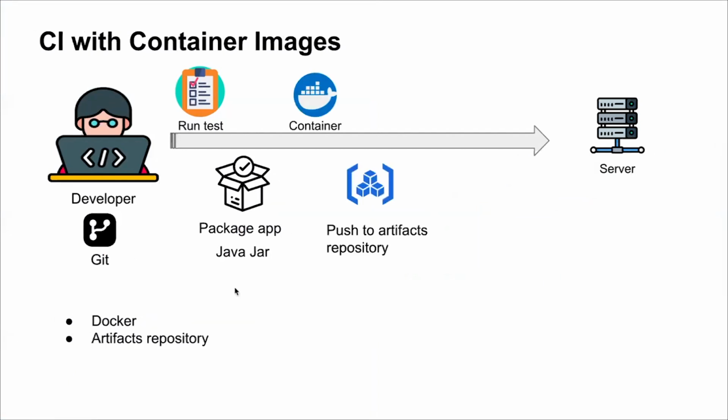Now, if you are using containers instead of a simple application, then your CI server or Jenkins or any tool you are using, Circle CI or anything, might be building the containers, and on top of the container images, it might be running tests on those images or containers. And at the end, the container images get pushed to the artifacts repository. So that is also an automatic process.